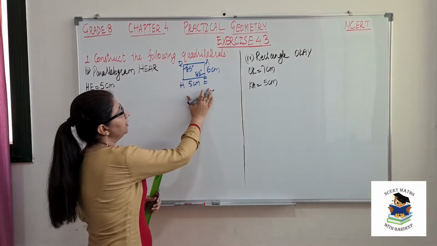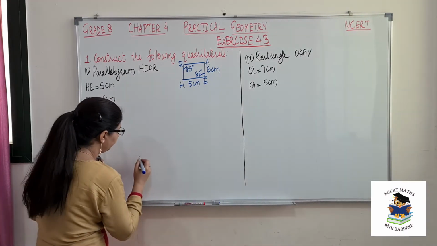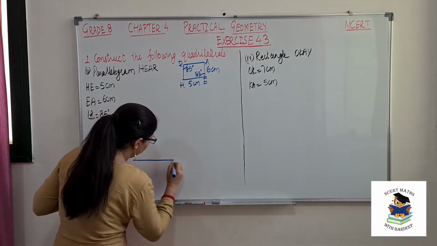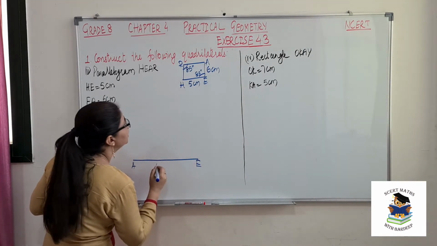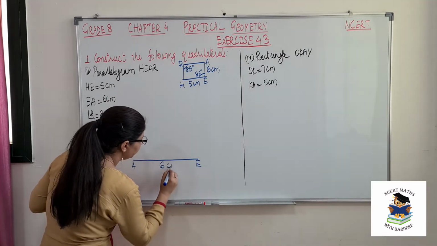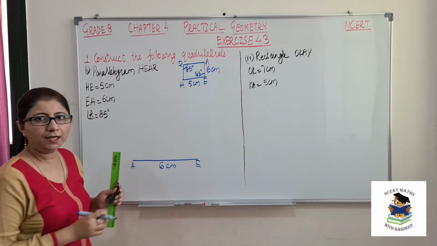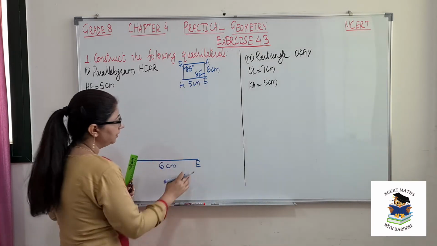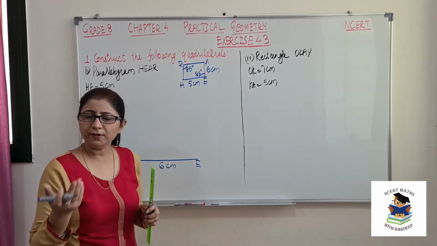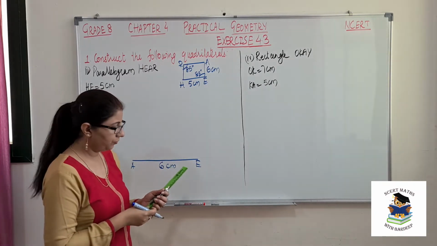So we can draw this in this way. So let's draw a line AE of 6 centimeter first. So this is AE and 6 centimeter, because out of 5 and 6 I prefer AE. Now I need angle 85 on E. Since again 85 cannot be constructed with the help of a compass, we will use a protractor for this.